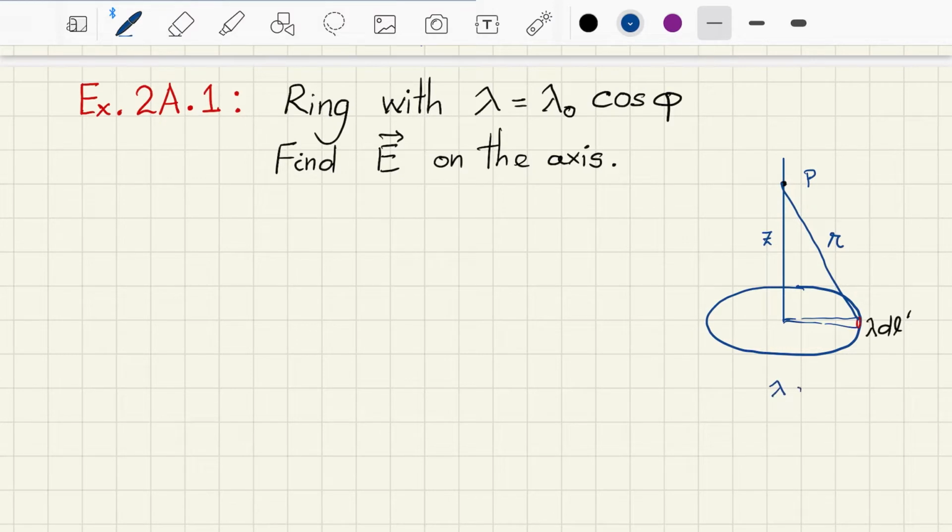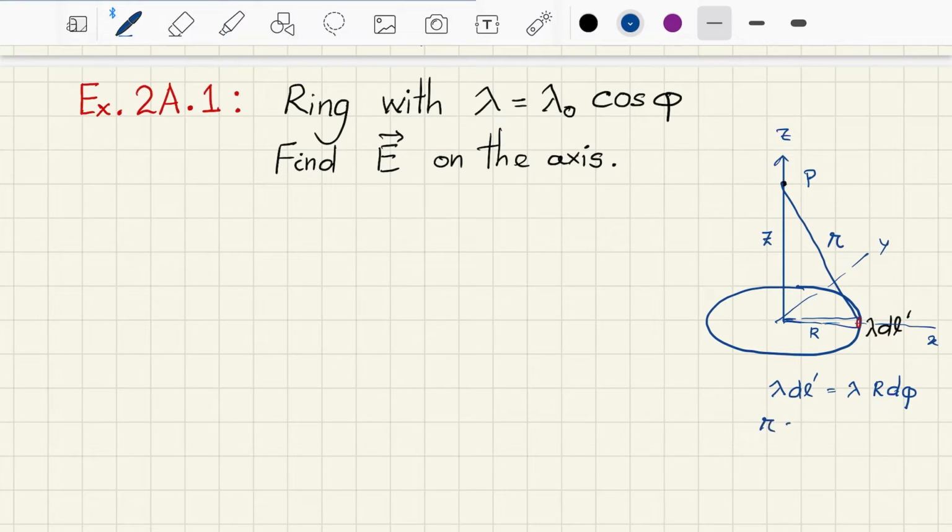And what is the length of lambda dl prime? This is r, so this is lambda r d phi. If I put the axes x, y, and z, now what is r then?